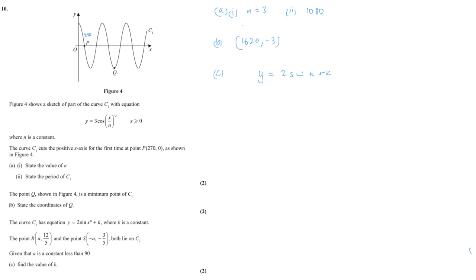Now part C, y equals 2 sine x plus k, and the points R and S both lie on that curve. So if I substitute R in, we've got y is 12/5, and that's 2 sine A plus k.